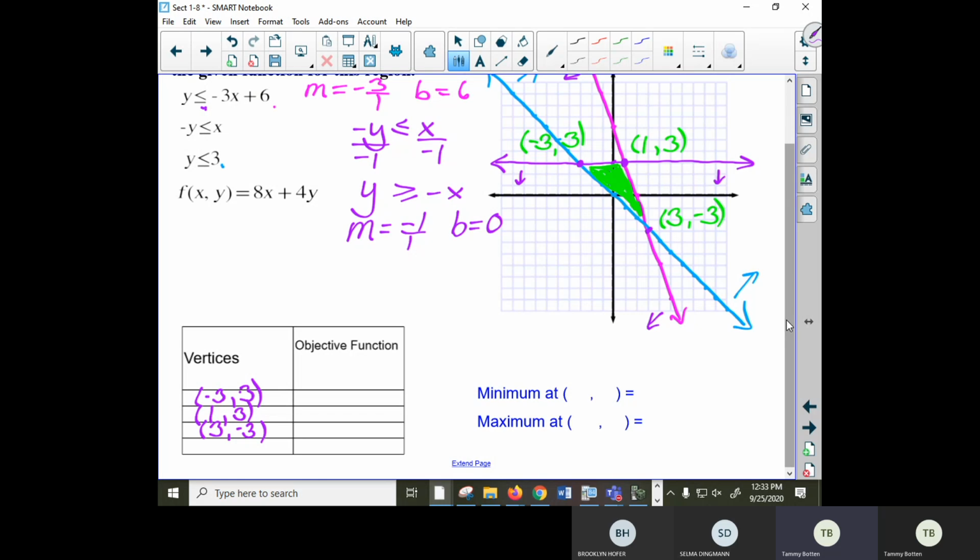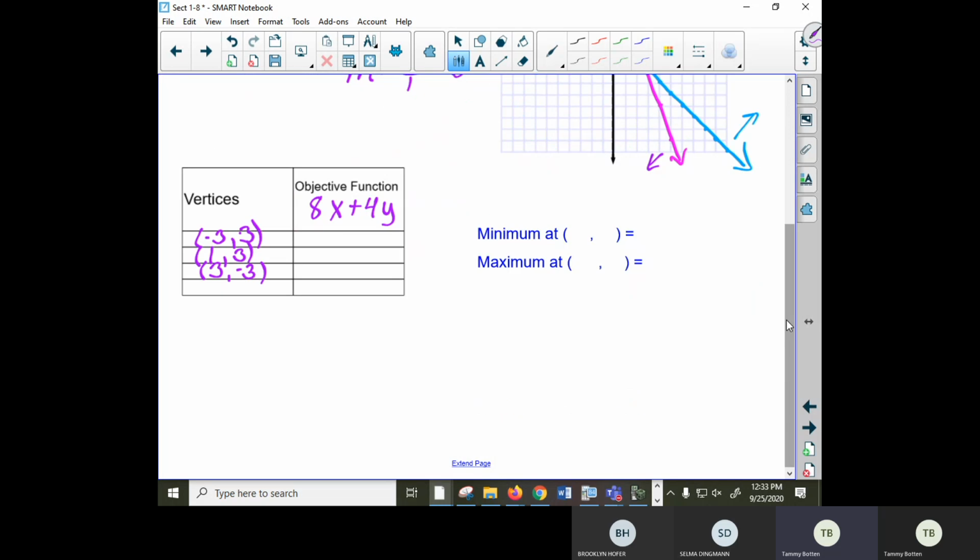And my function here is 8x plus 4y. So that objective function, like f of x, y, you never graph that, okay? But f of x, y is always just used to get your min and max. So now let's put this in.